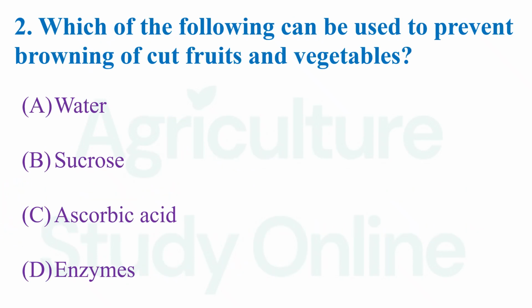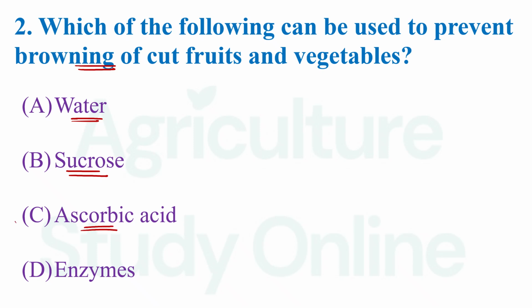Question 2. Which of the following can be used to prevent the browning of cut fruits and vegetables? First is water. It does not stop browning. It may even allow enzyme activity. Next, sucrose. These sugars do not prevent the enzymatic browning. Ascorbic acid.